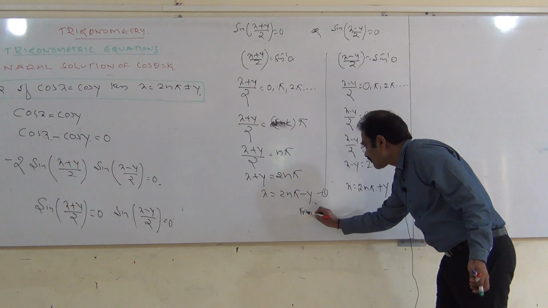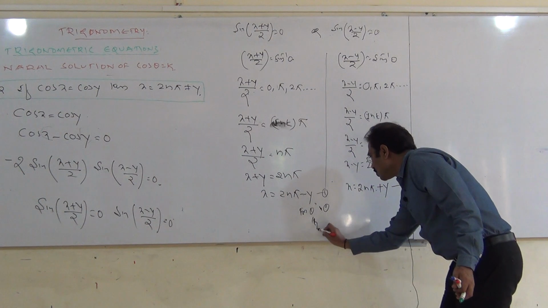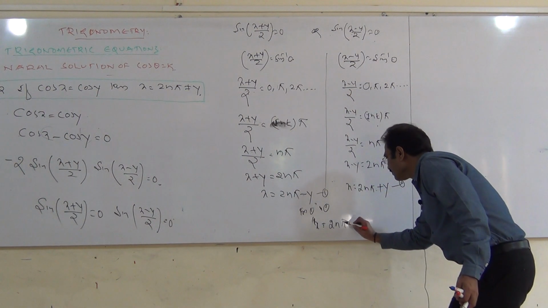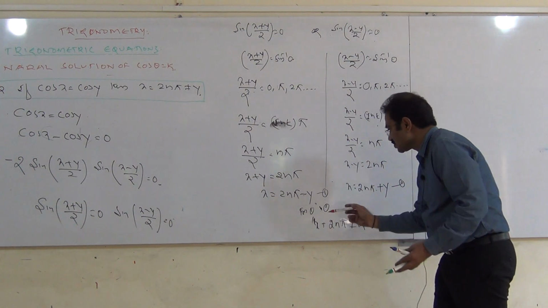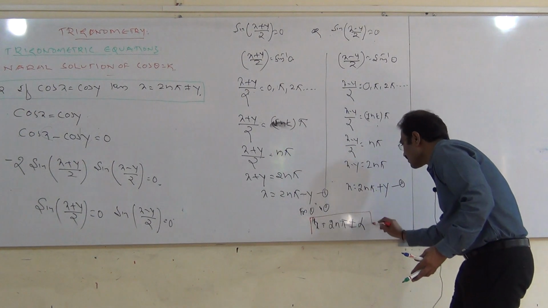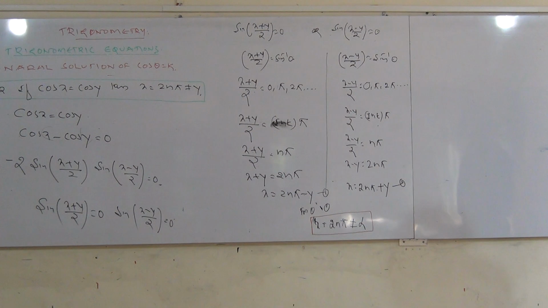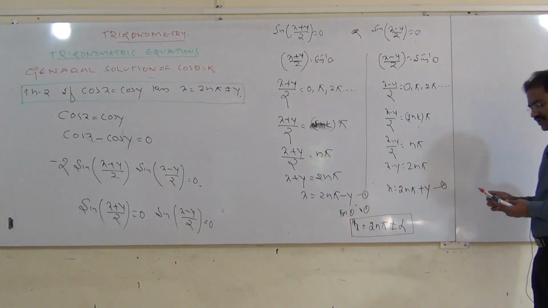Therefore, from 1 and 2 we have x is equal to, combining these two, 2n pi plus or minus alpha. So this is the required result: x is equal to 2n pi plus or minus alpha. Once again I repeat, or I give you one example for this.